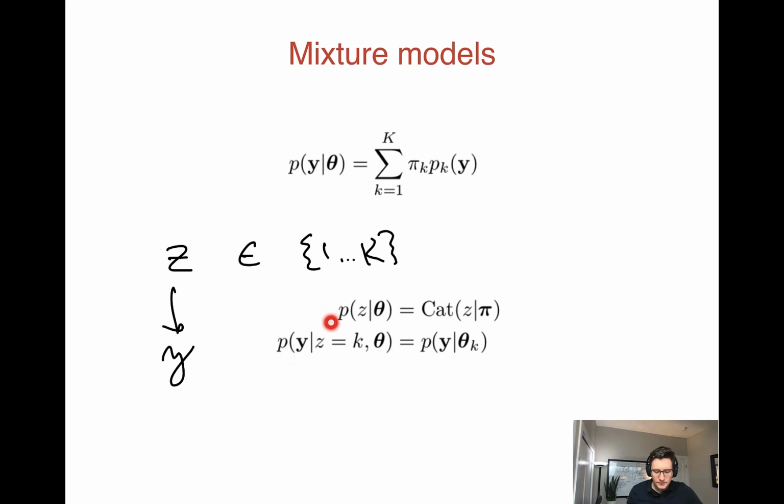The probability of z is a categorical distribution with these probabilities pi 1 up to big K. And the probability of y given a specific z equals k is just p of y using the distribution associated with k. We could write this equally well as pk of y. So that is to say that this thing equals this thing up here.